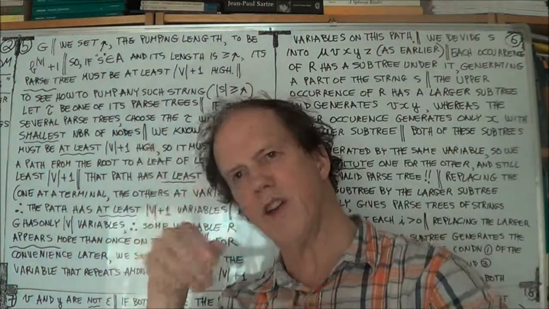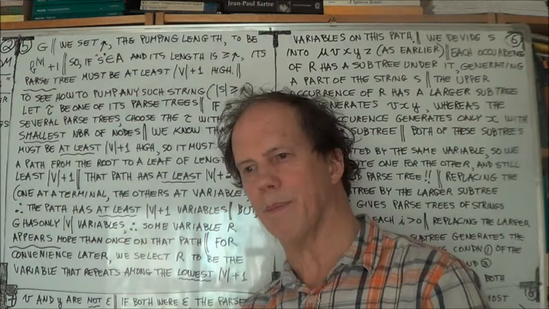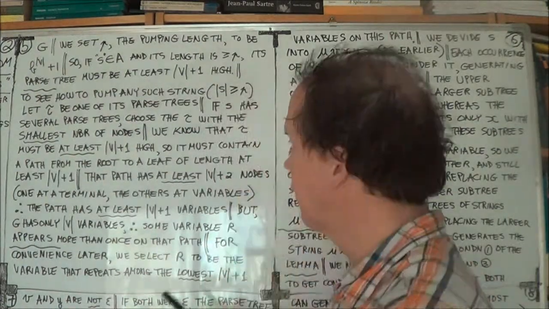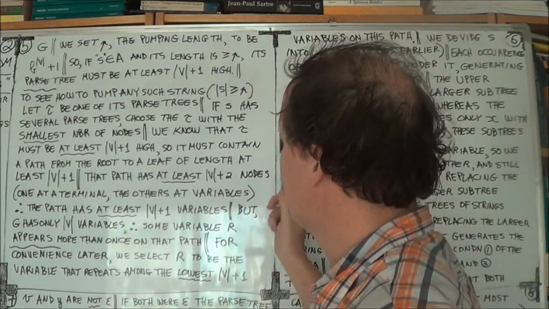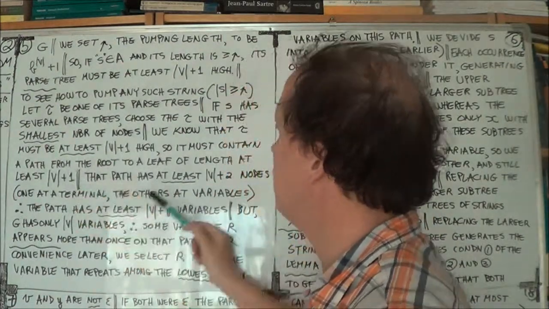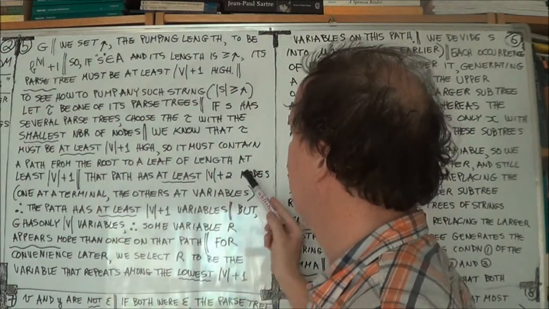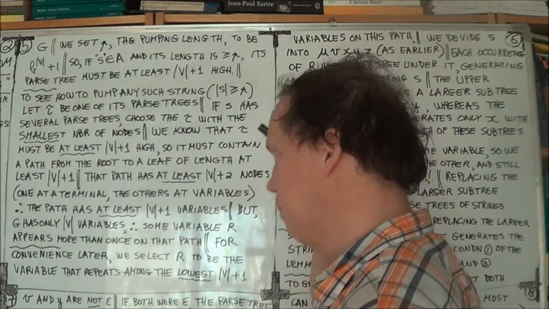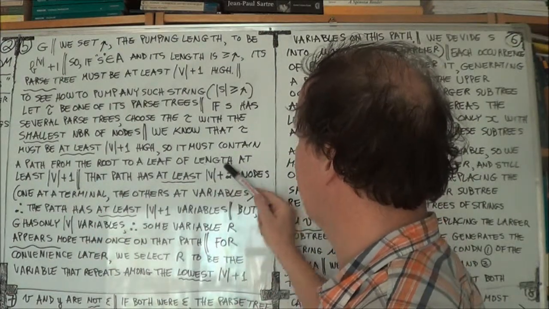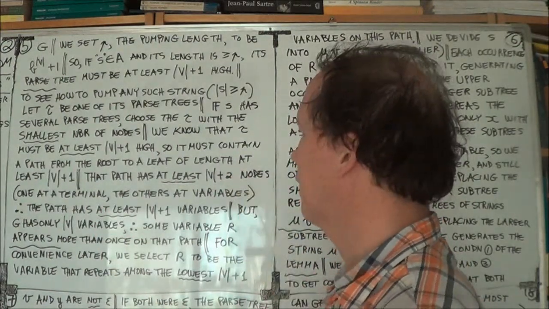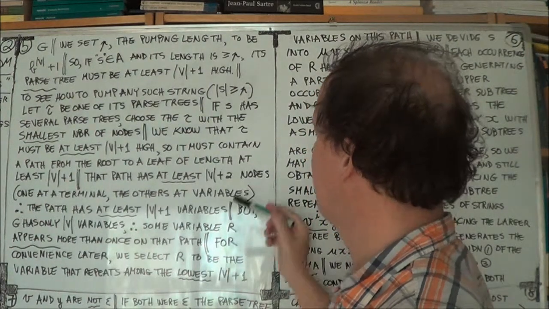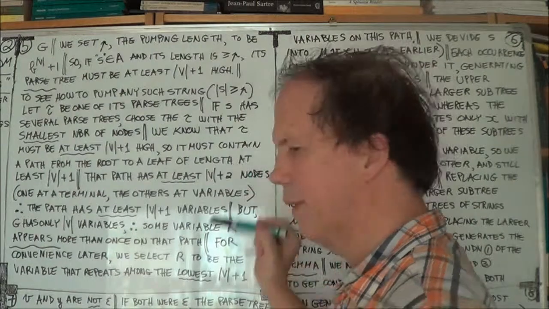So you'll always have one node more than the number of steps, the length of your path. So if the number of steps in your path is at least this, then the number of nodes in your path has to be at least one more than that, in other words, at least mod v plus 2. So that's how many nodes in your path.